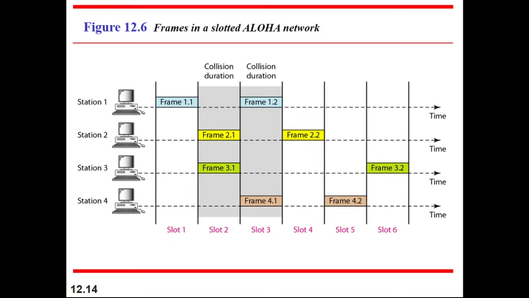In pure ALOHA, when we have data we can send the data, and if the data is not sent properly, then we calculate a random time according to our attempt number, and the frame has to wait for that amount of time and then resend.